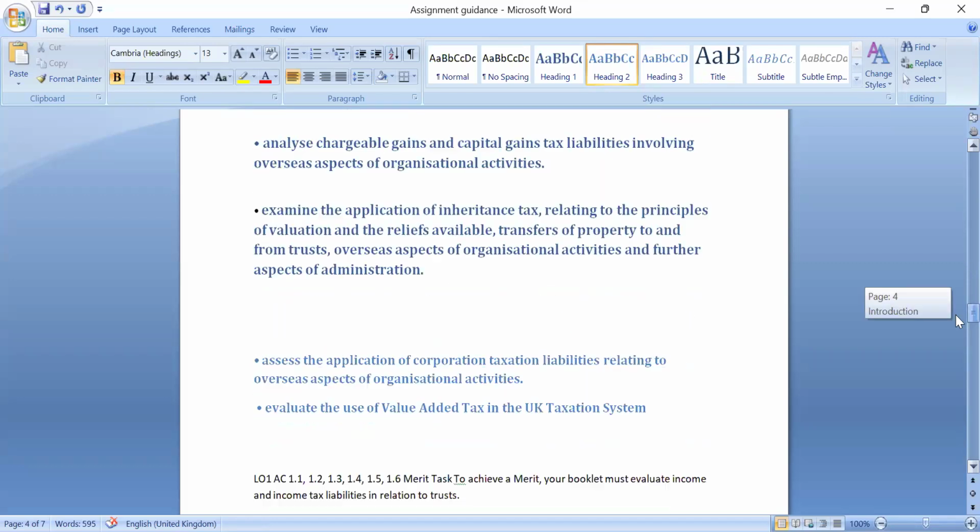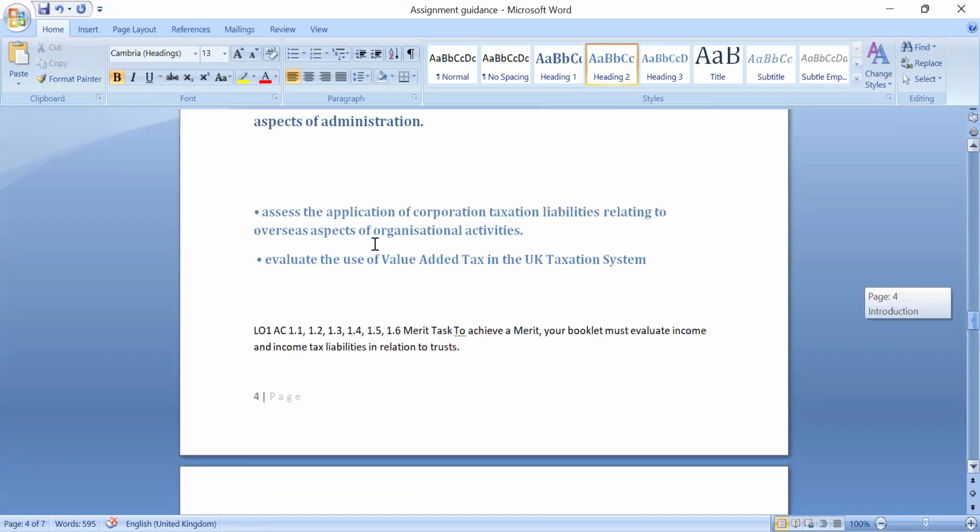Under each task you've been given, you can see which learning outcome the task is related to. This task was related to 1.1, 1.2, 1.3, 1.4, 1.6. It means all of our lesson 1 is relevant to this.